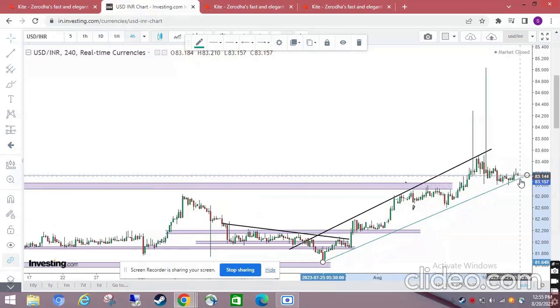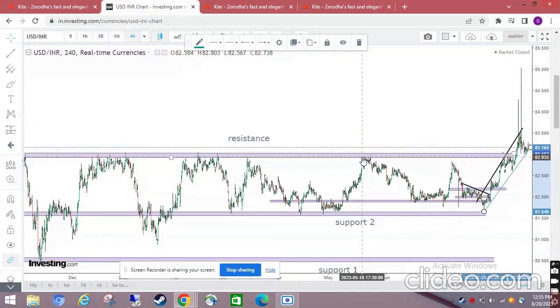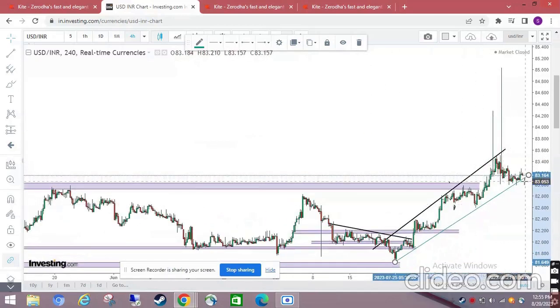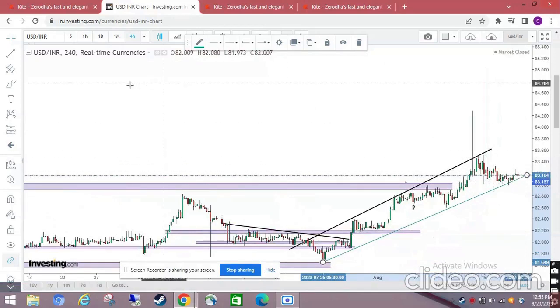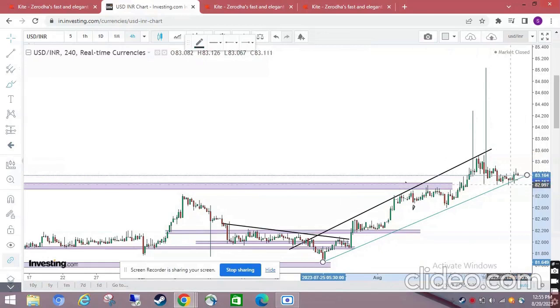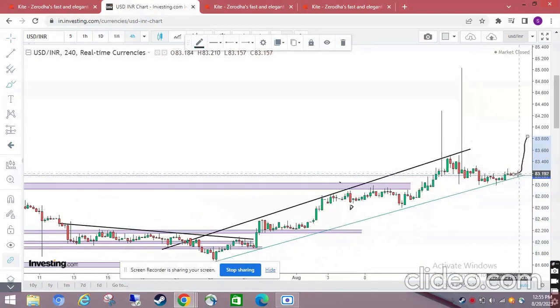Still, I don't know whether this will break this wedge and go down, or whether this resistance will take precedence and it will touch here and then maybe rise up or not. I can also draw it for you guys. I'm not sure whether it will go up from here, or consolidate for some days, or go down.